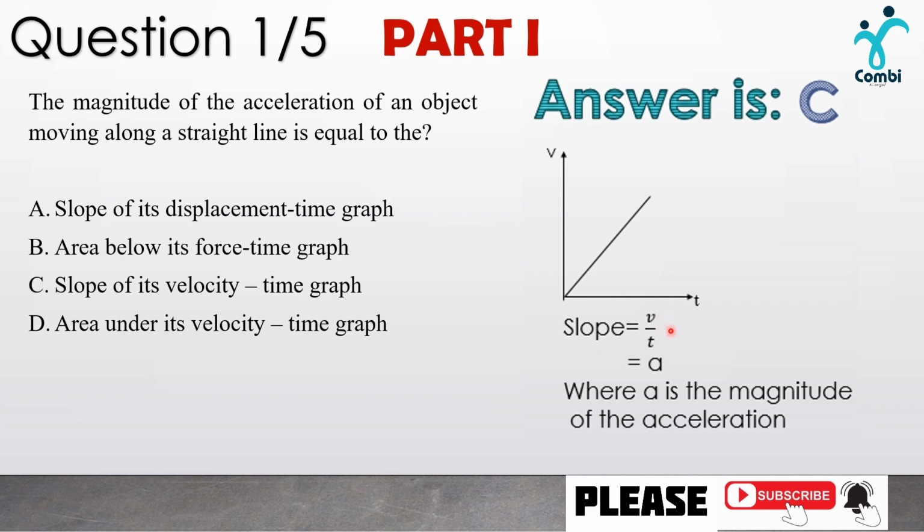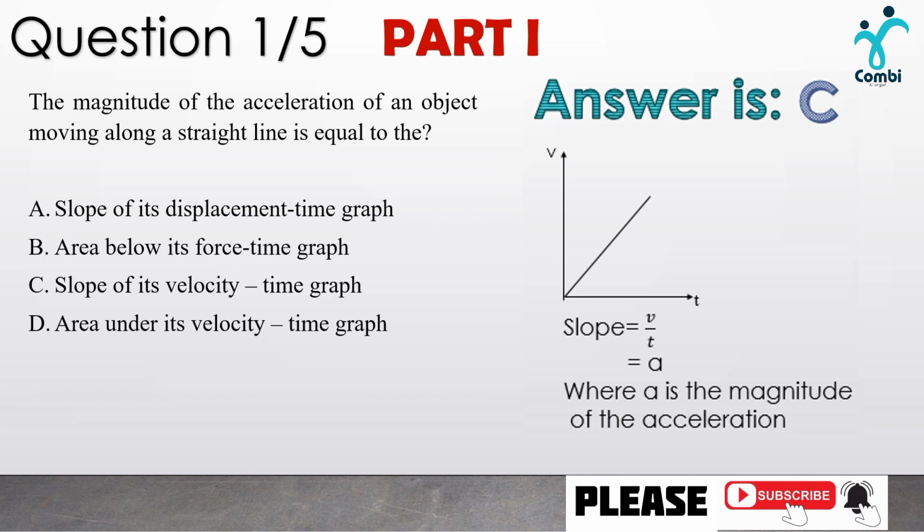So in this case, we see this slope here as v on t, and that is the slope of its velocity time graph, giving us a from our basic knowledge of mechanics, kinematics, calculus. So we see how and why the answer C, the slope of its velocity time graph, gives the acceleration. Thank you very much.